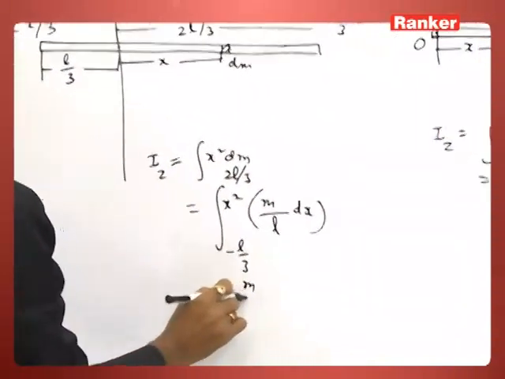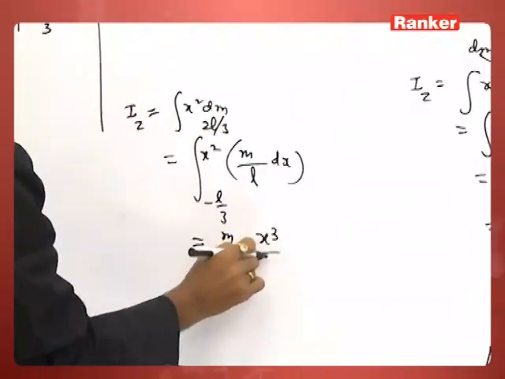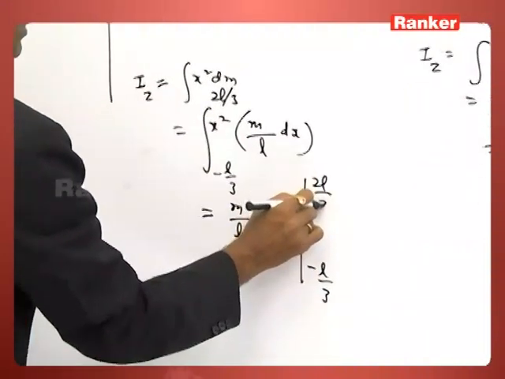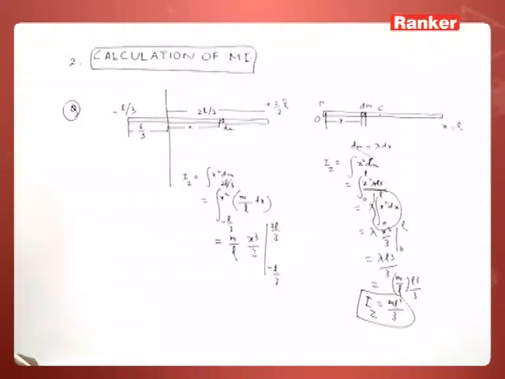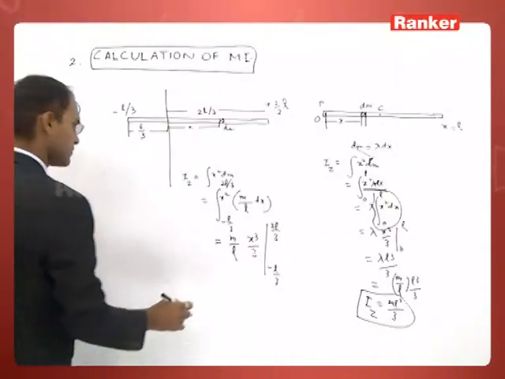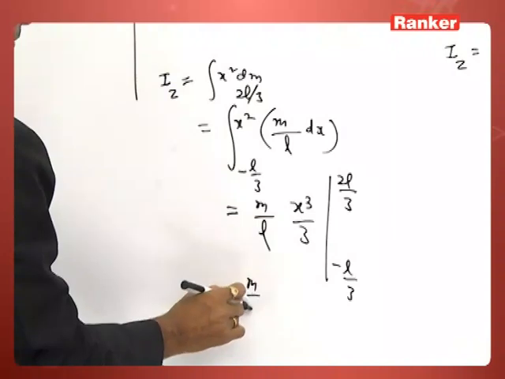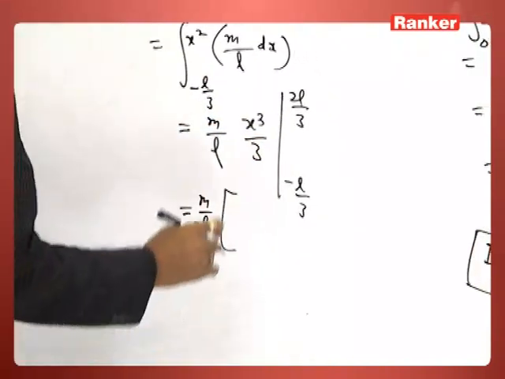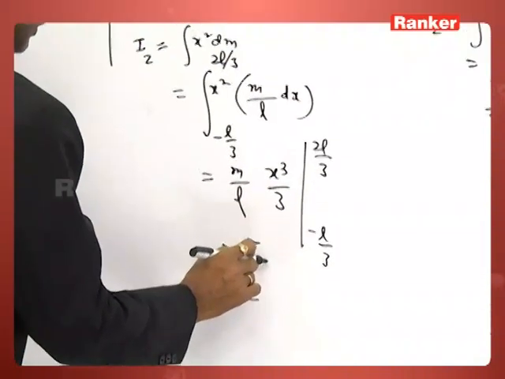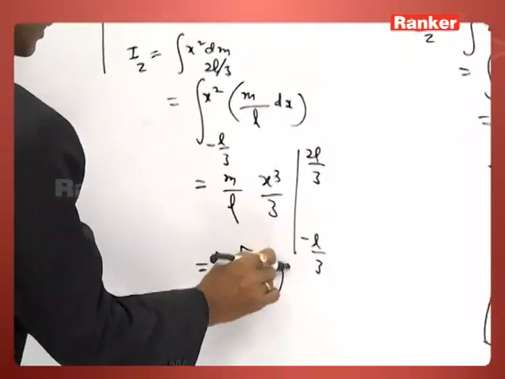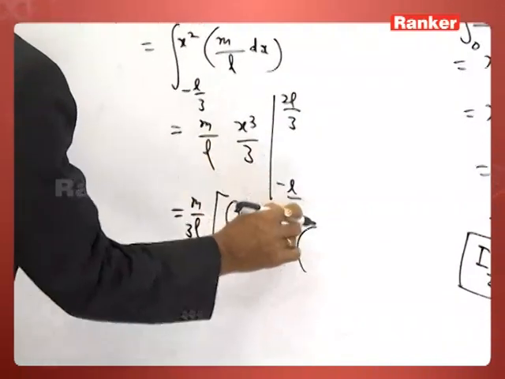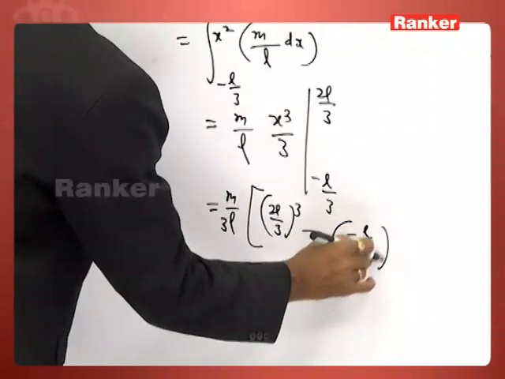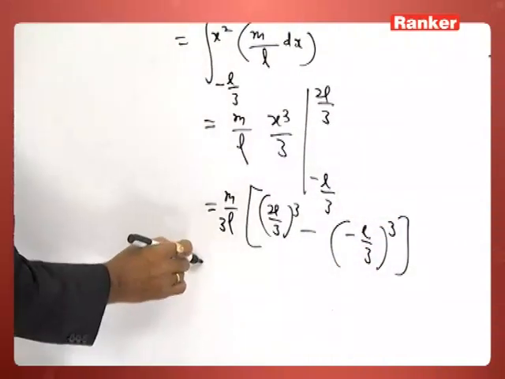So you are getting M by L into x cube by 3 from minus L by 3 to 2L by 3. So M by L take common. 1 by 3 also you can take common. x cube can be written as 2L by 3 the whole cube minus the lower limit, minus L by 3 cubed.